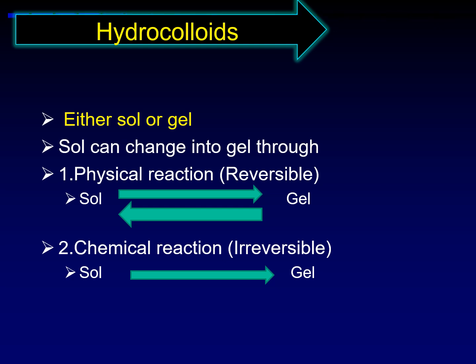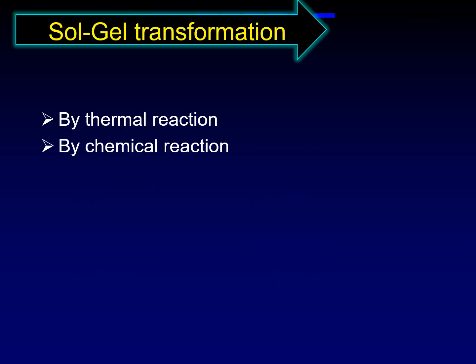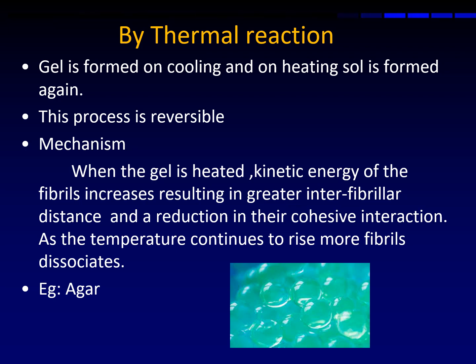So, once the material is manipulated and reaches gel state, we have to discard the material. If the sol to gel transformation is by thermal reaction, then it is called a thermoplastic impression material. If the sol to gel transformation is by chemical reaction, then it is called a thermoset impression material.